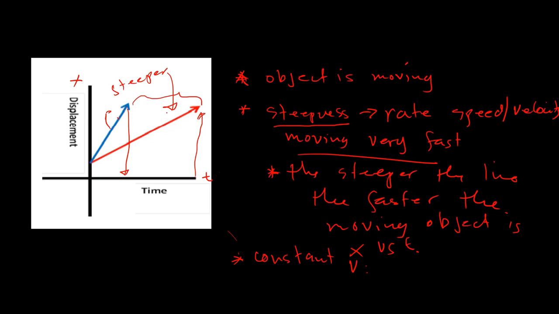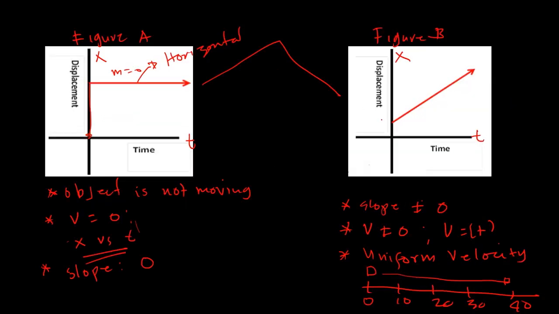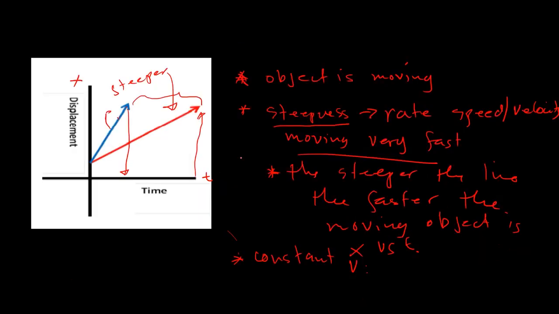In this case, acceleration is 0 because velocity is not changing. And same with this one, if velocity is not changing, the acceleration is 0.